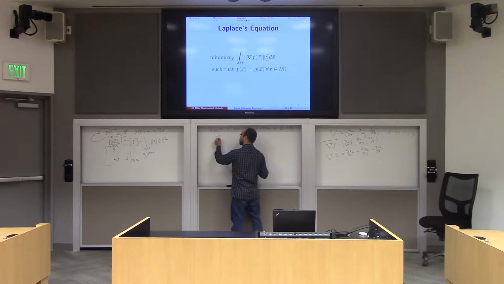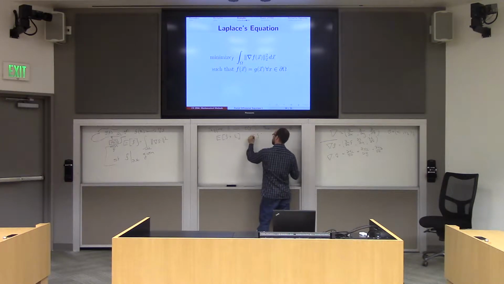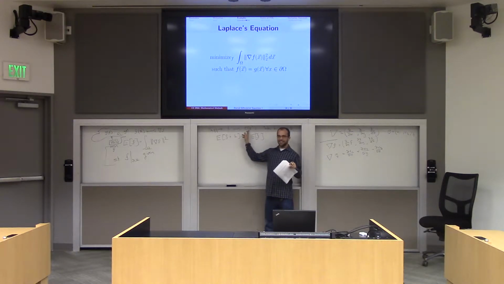So what do we know about E of f plus h relative to E of f? Well, we know that f minimizes E. So if I change f, I perturb it by any function h, I have to get a bigger value.